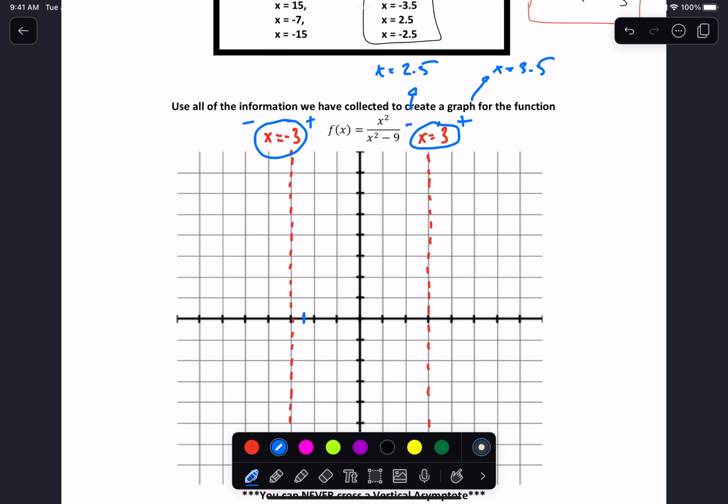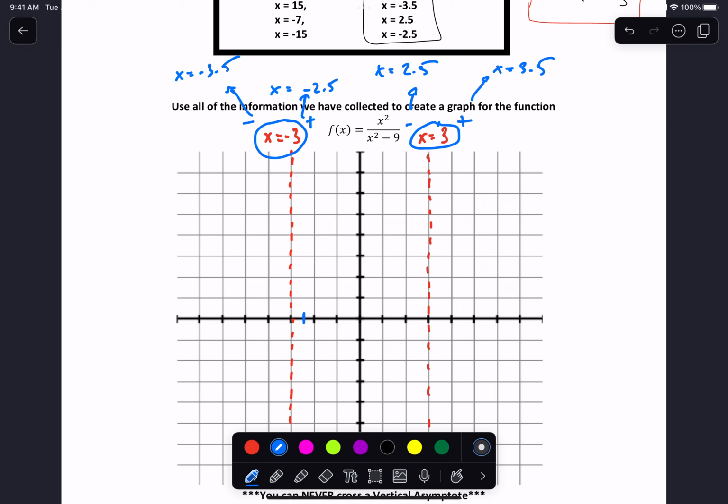It's just the numbers are not going to be nice here, which is why you're going to have your calculator. Which I might need your help for as we work through here so people can type in stuff. Okay, on the right side of -3, I'm going to have -2.5. And on the left side, I'm going to have x equals -3.5.